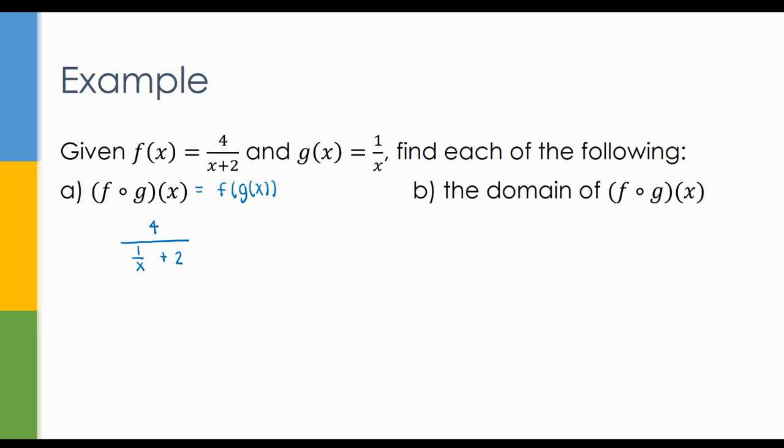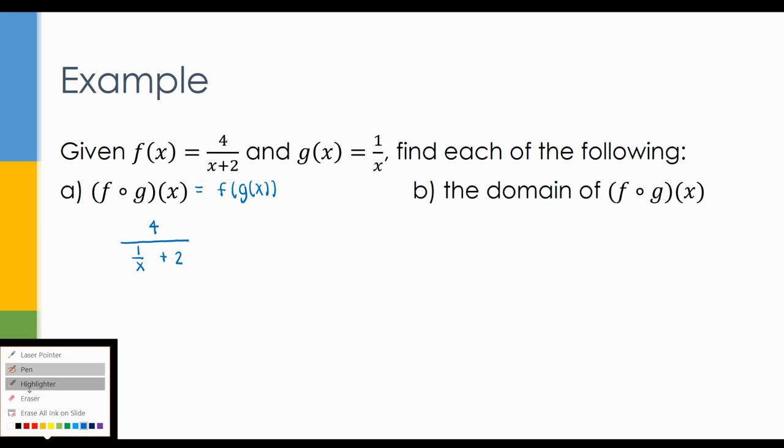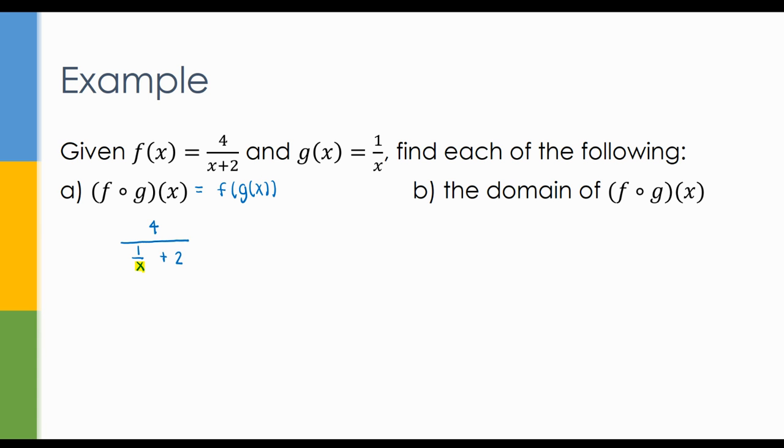I don't want to see a fraction inside of a fraction. Because there's only one fraction within the overall big fraction, that is a denominator of x, I am going to want to clear away the fractions. So I'm essentially going to multiply both the top and the bottom of the f of x function by x. Everything on the top is going to get multiplied by that denominator of x, and everything in the bottom is also going to get multiplied by x.